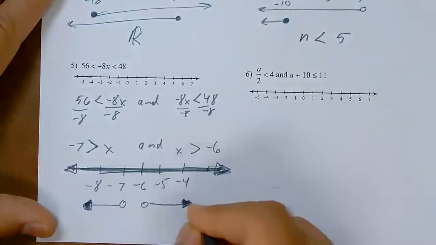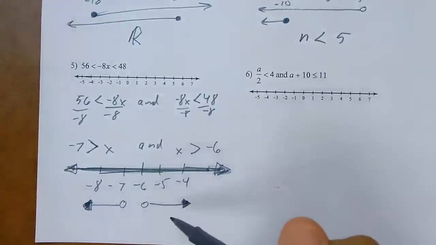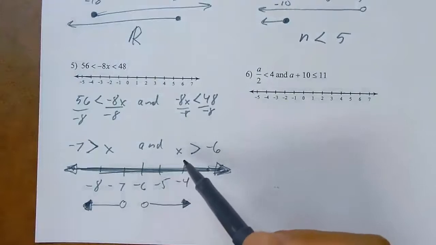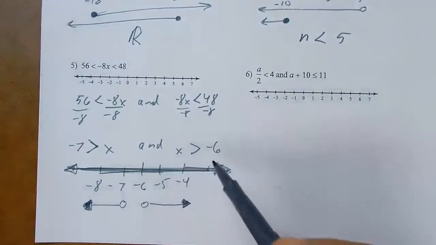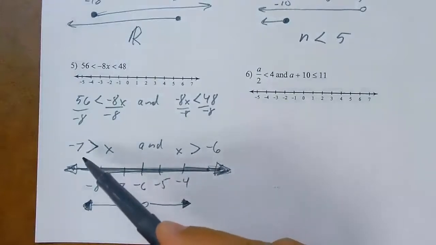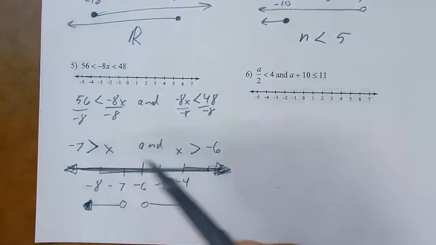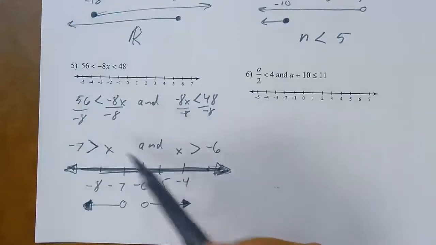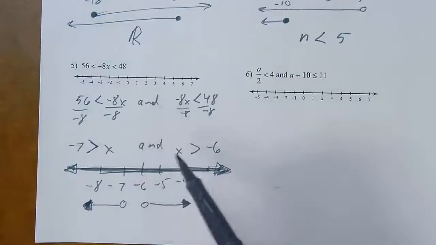Okay, so this is where it gets really weird. We've seen problems like this, but they were always or. For and, our value has to satisfy both conditions. Both negative 7 is greater than x, and x is greater than negative 6. There is no value for x that satisfies both of these inequalities.